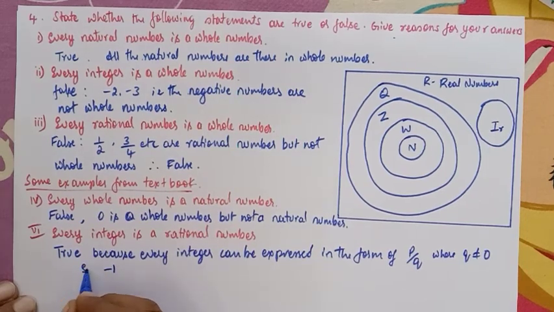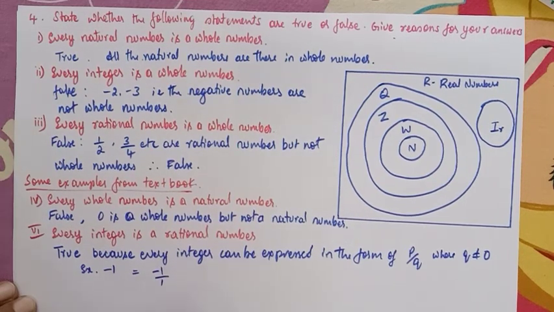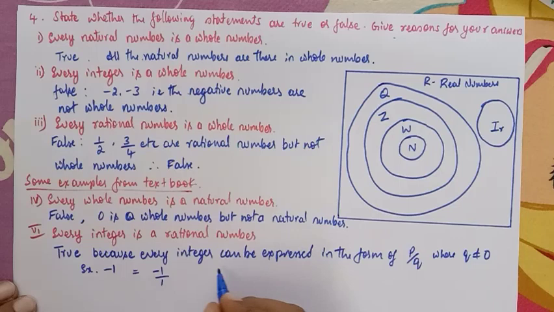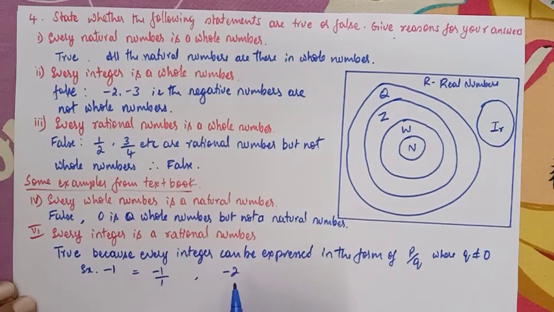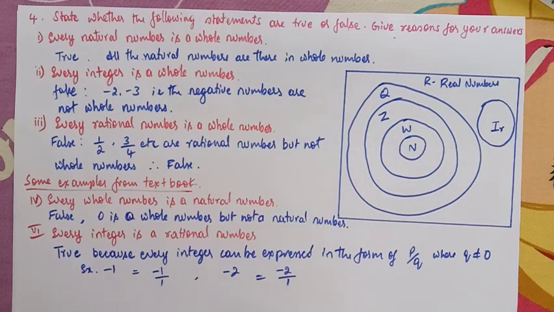For example, -1 can be expressed as -1/1, and -2 can be expressed as -2/1. Likewise, all the integers can be expressed in the form of rational numbers.